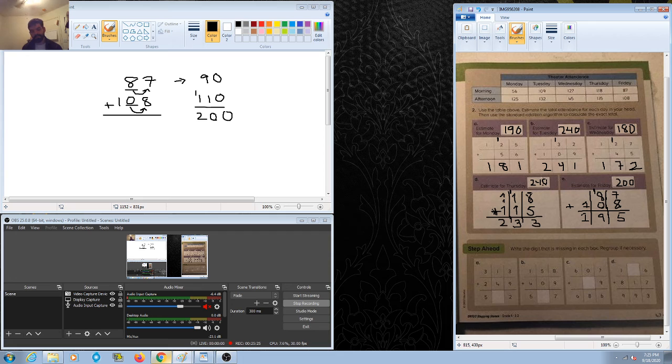Okay, so let's now look at the step ahead question. So the step ahead question, again, usually is getting us used to some more higher order thinking. So it's kind of going a little bit beyond, a challenge question. So it says, write the digit that is missing in each box. Regroup if necessary. So what this wants us to do is say that if we add these numbers together, there's a digit missing in each of the following situations.